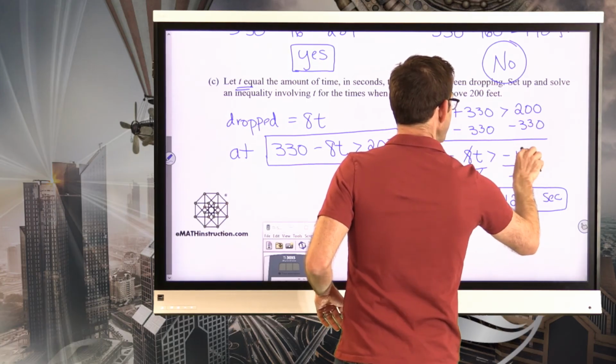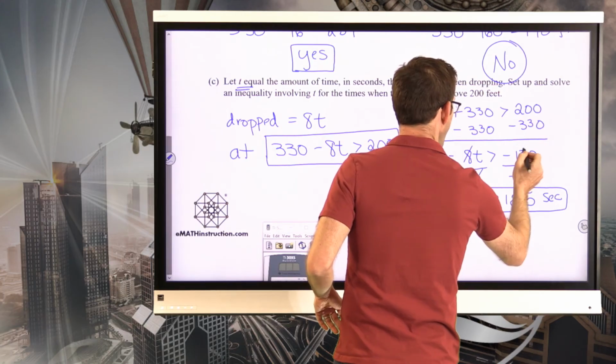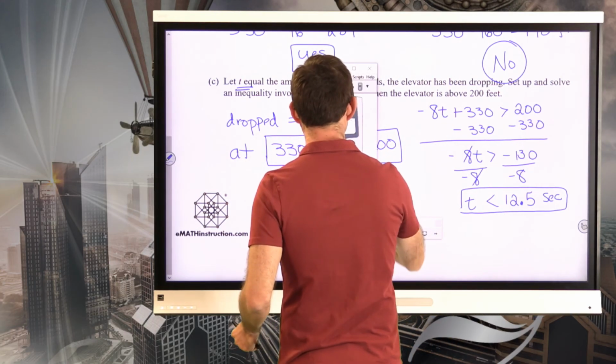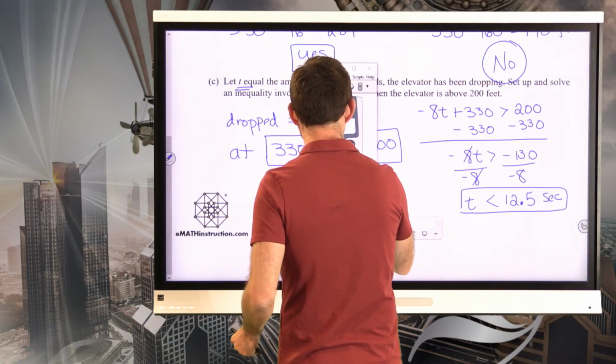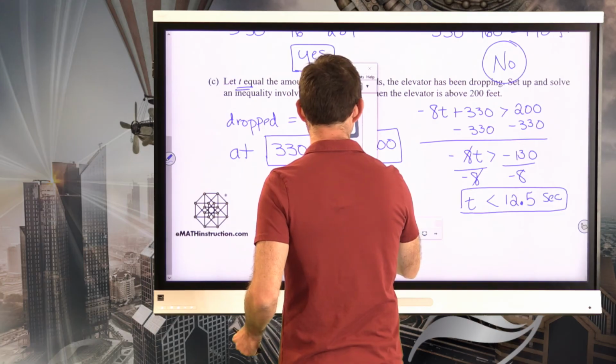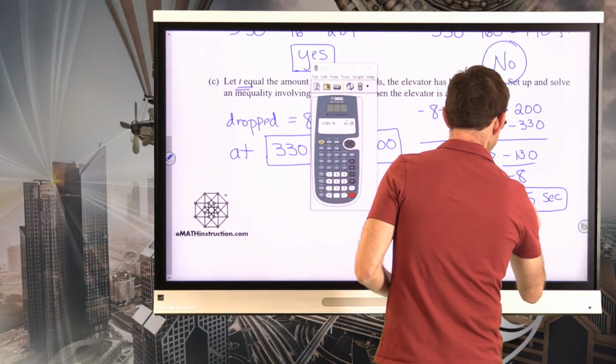So I'm going to get 200 minus 330, which is negative 130. Everything else stays the same, except that negative 130 divided by negative 8 is not going to be 12.5. It's going to be 16.25. So let's change that a bit.